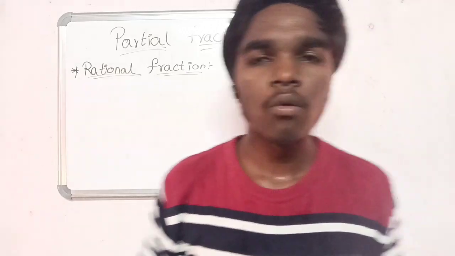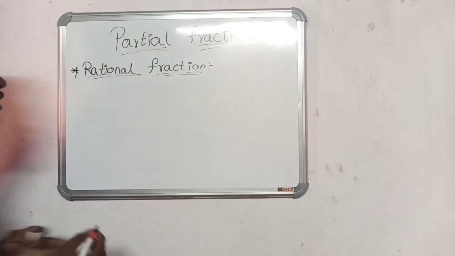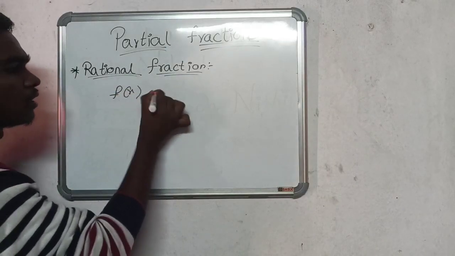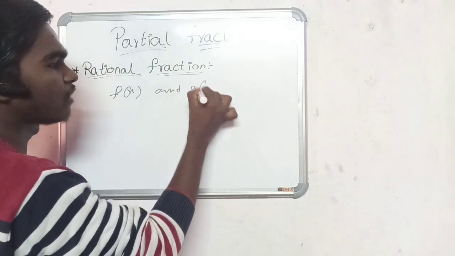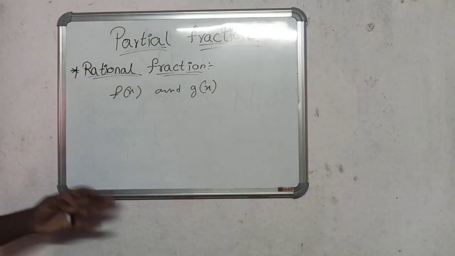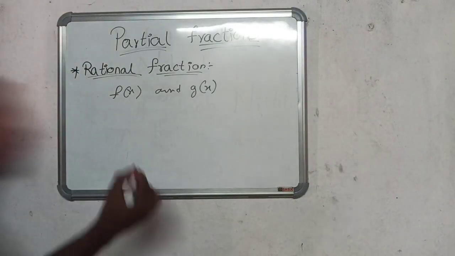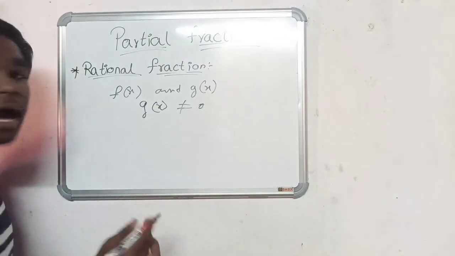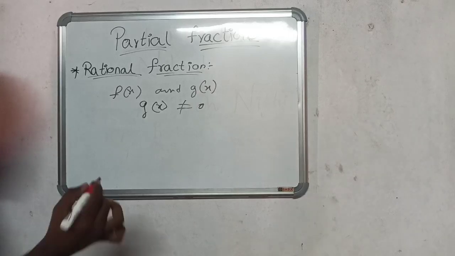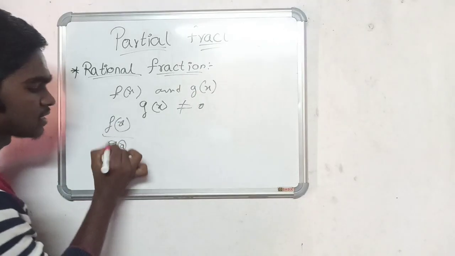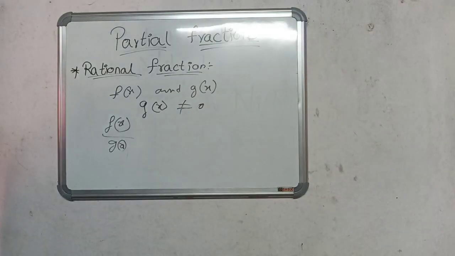Second keyword is rational fraction. What is a rational fraction? If f of x and g of x are two polynomials where g of x is not equal to 0, then an expression in the form of f of x by g of x is a rational fraction.